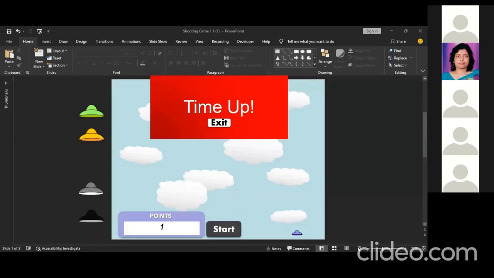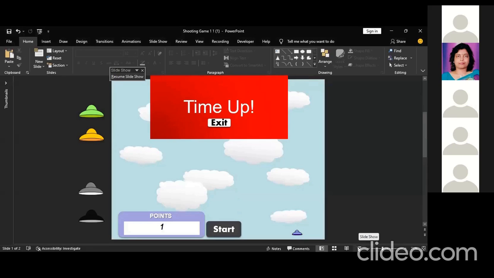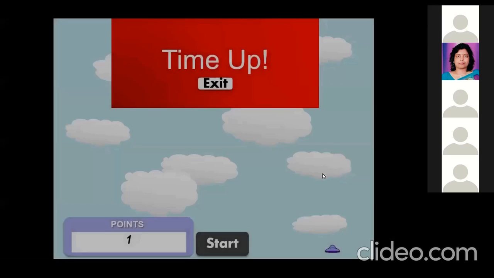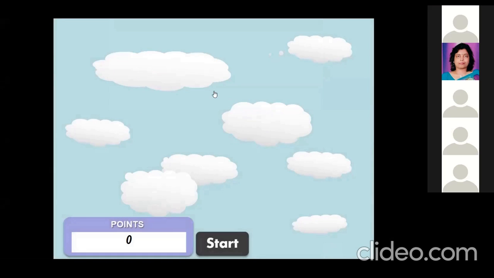So I'm clicking on the full screen mode. Yeah. So the music starts. Then I click on start. See the spaceships.